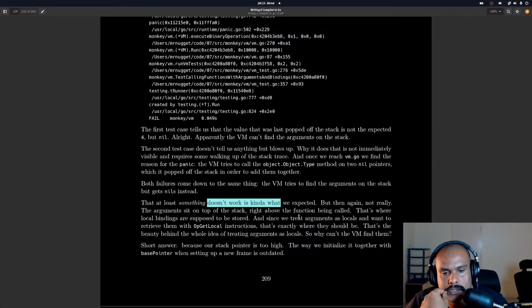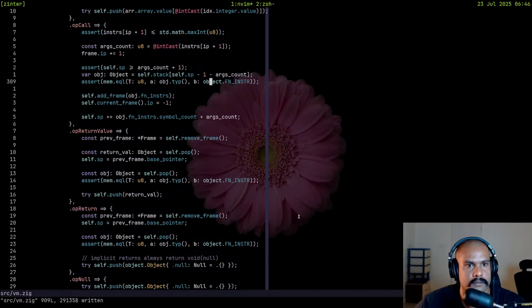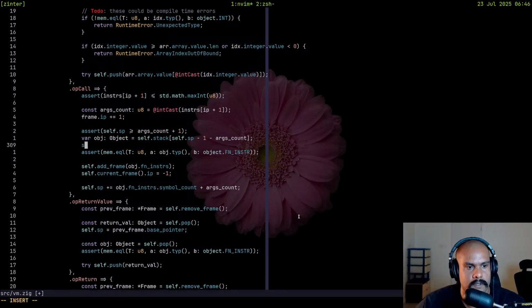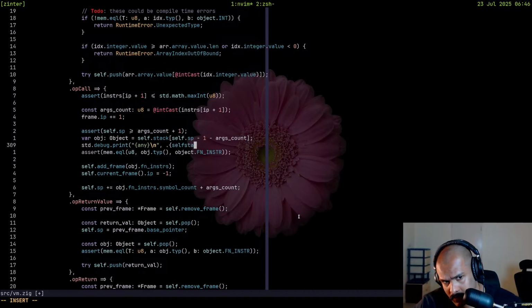Yeah, exactly, because I can see... Oh, hang on. Because I did notice something. Standard debug. Print any. Self.stack 0 to self.sp.